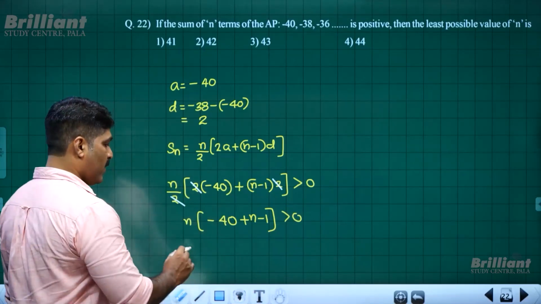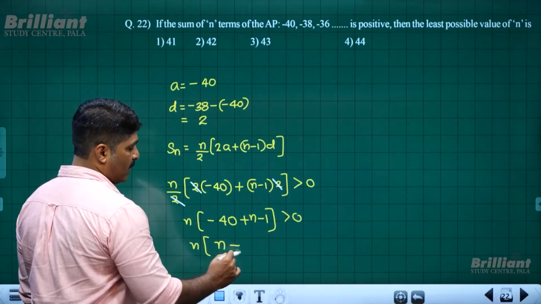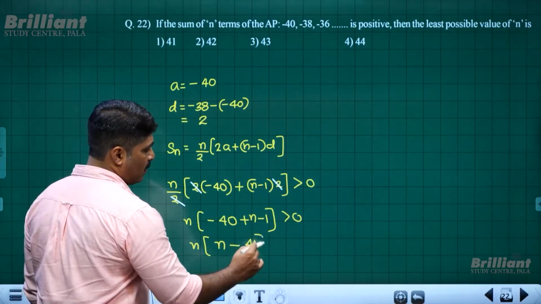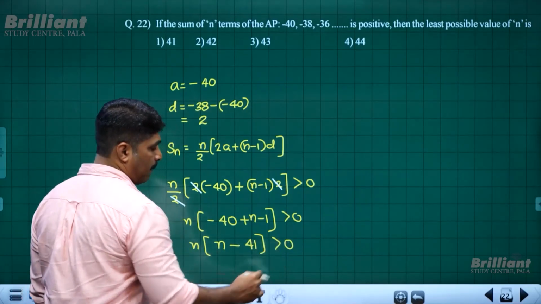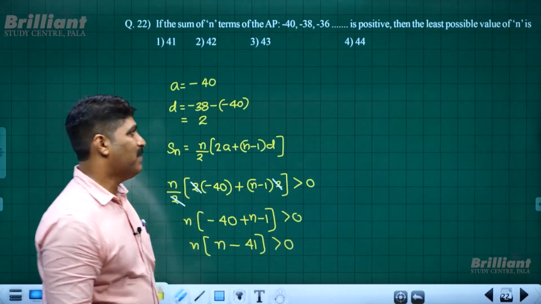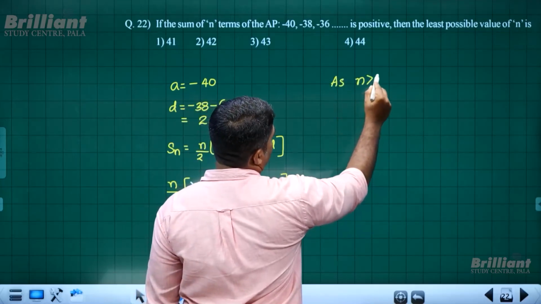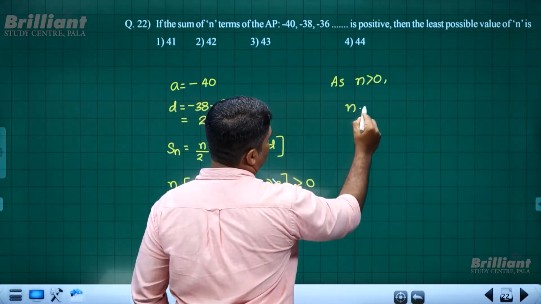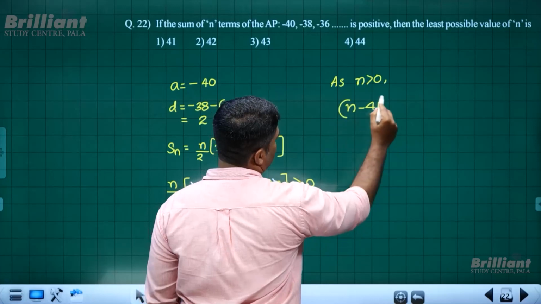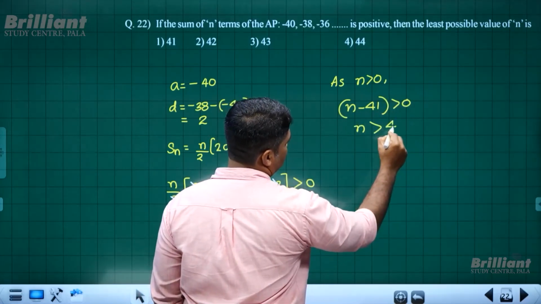So this is nothing but n into n minus 41 greater than 0. We know that n is greater than 0 because n is the number of terms. So as n is greater than 0, n minus 41 is also greater than 0. Therefore n is greater than 41.